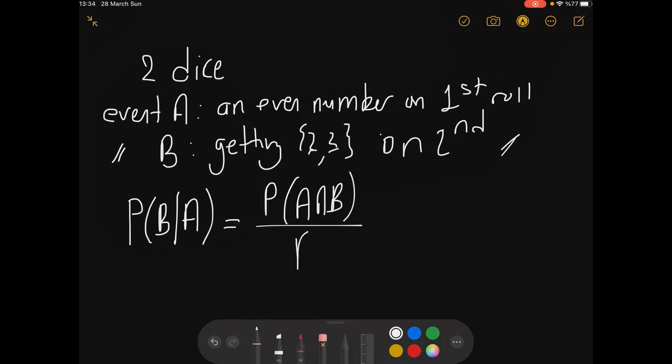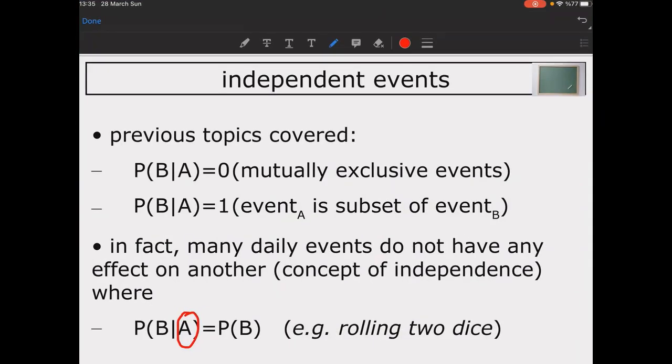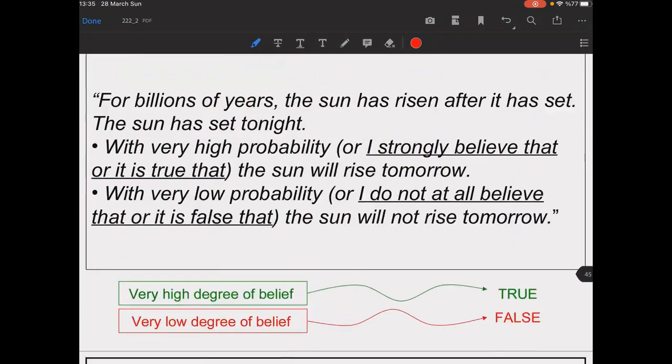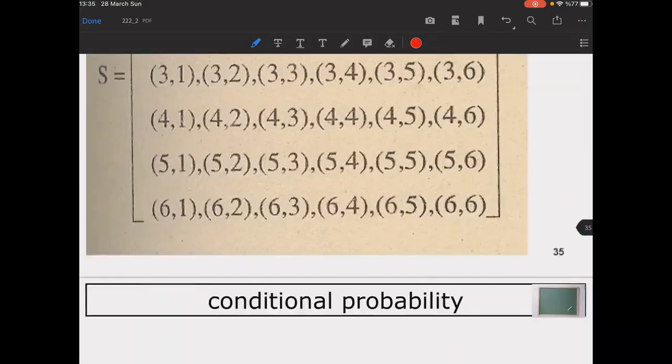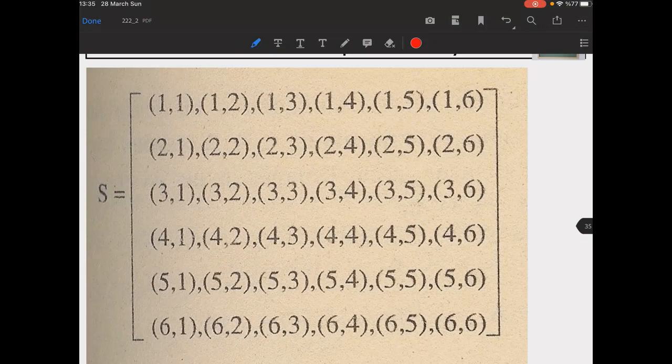conditional probability, right? So we know that P(A) is 18 over 36. How do we find this? Remember that we had this 2 dice example here. I hope you remember this sample set, right?